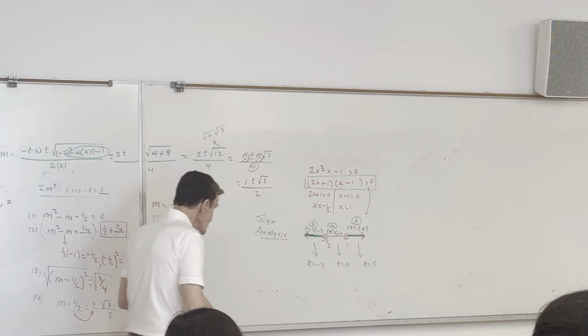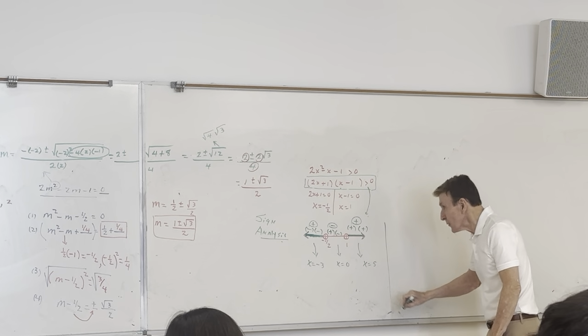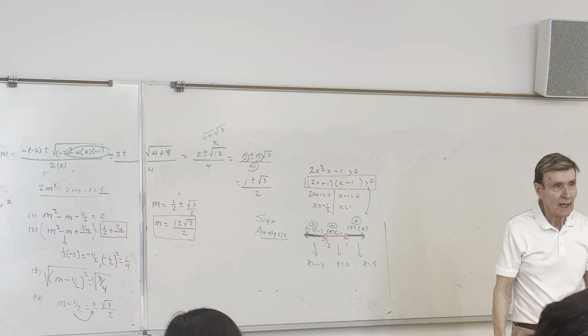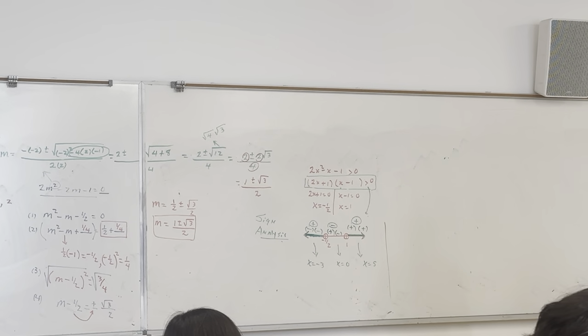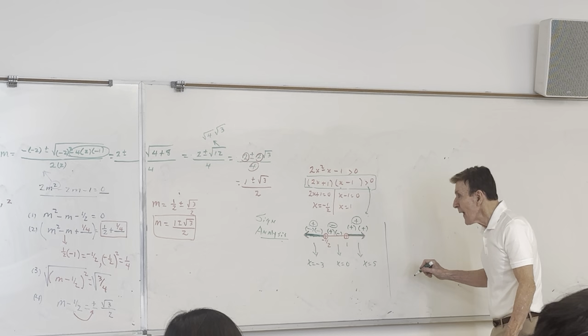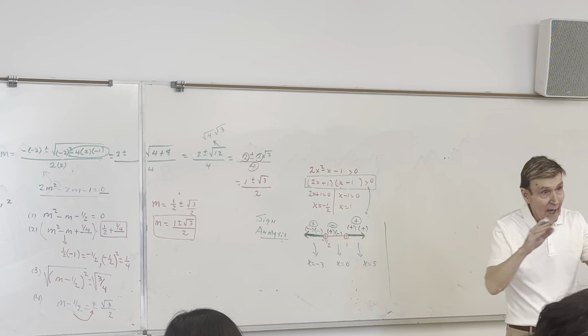Now, can someone tell me in interval notation, be careful, how to express this? Oh, I see hands going up. It's more than negative 1 over 2. Okay, x is less than?